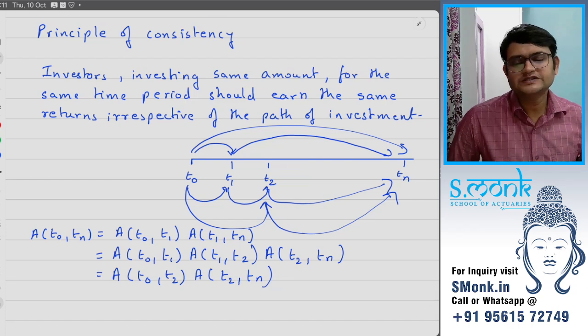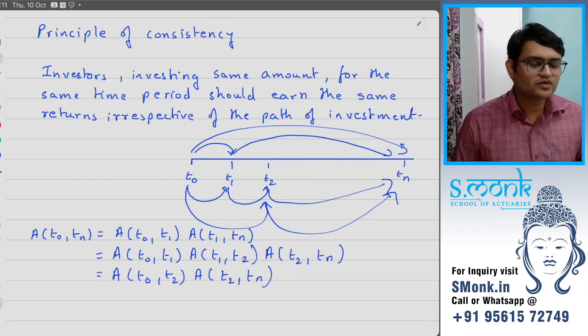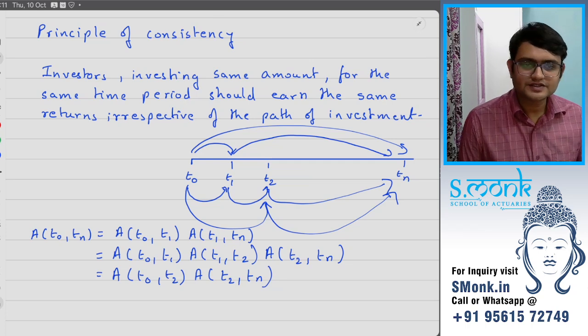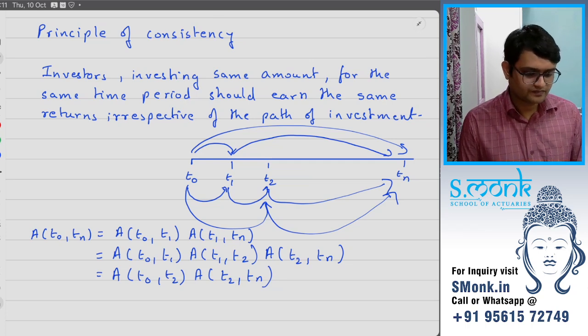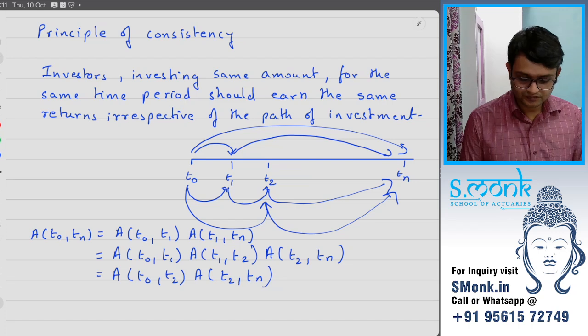The return should be the same. That means our accumulation factors will also be the same. This is what the principle of consistency says.